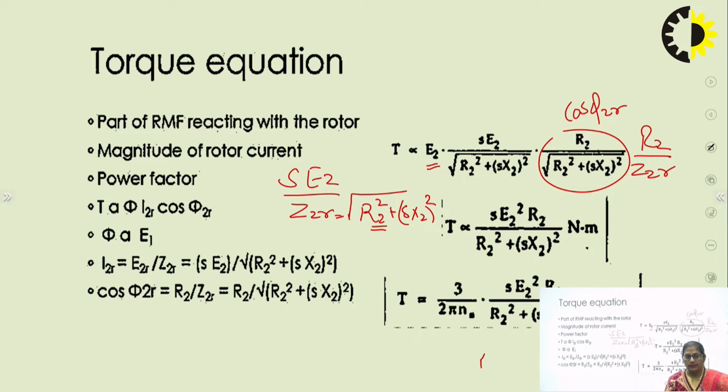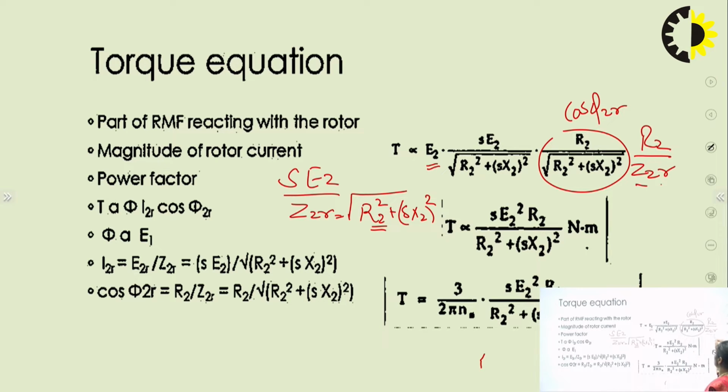The rotor reactance, rotor current, induced EMF and rotor power factor all change, but the rotor resistance remains the same even if the frequency of the induced EMFs on the rotor side changes in running condition. So that becomes R2 upon Z2R.